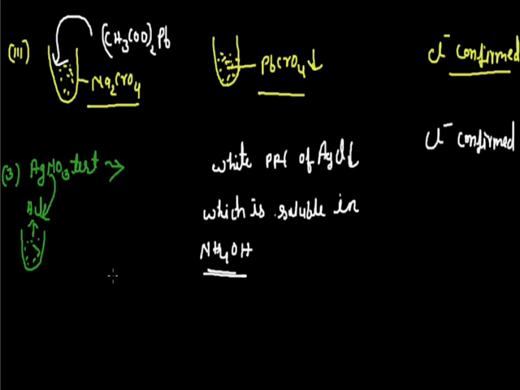Now we are taking another test, for Br negative. We take a salt and add concentrated H2SO4 to the salt. If this salt contains Br minus, suppose we take a salt of sodium bromide, NaBr, then after the reaction we get Na2SO4 plus HBr.